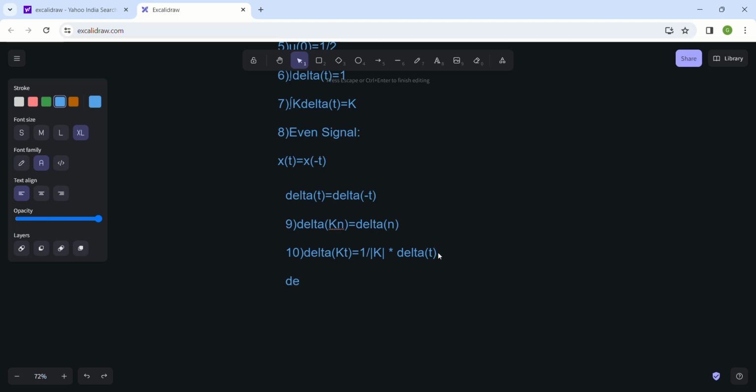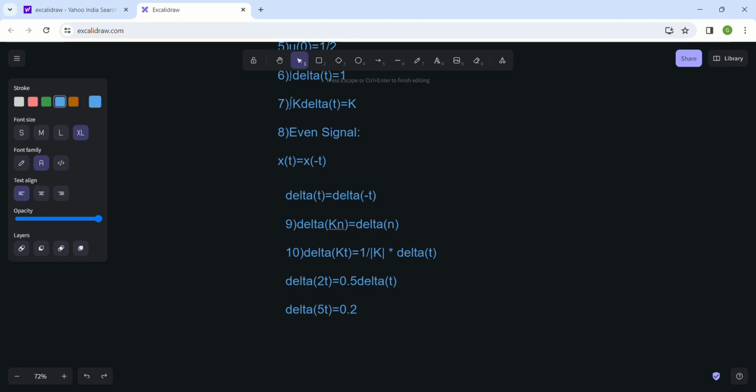Now let's see the examples. Here so many people will get confused with delta of 2t. That means 0.5 into delta of t. Delta of 5t, that means 0.2, 1 by 5, 1 by 5, 0.2.